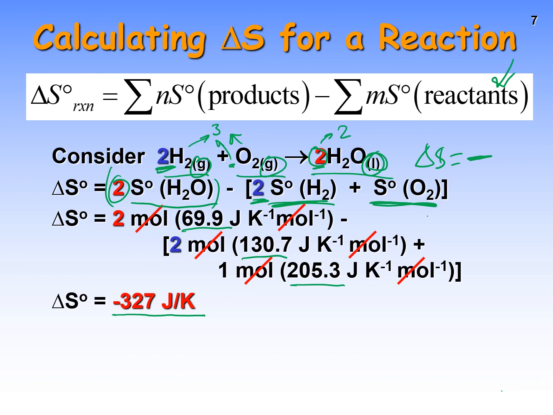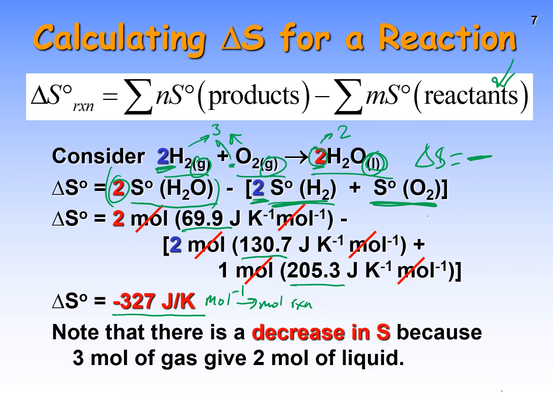Technically it's also per mole to the -1, but this is moles of reaction, not moles of any individual substance, reactant or product. This is a decrease in entropy. Again, we probably saw from the beginning that 3 moles of gas going to 2 moles of liquid would be a more ordered system and therefore a negative delta S naught of our reaction.